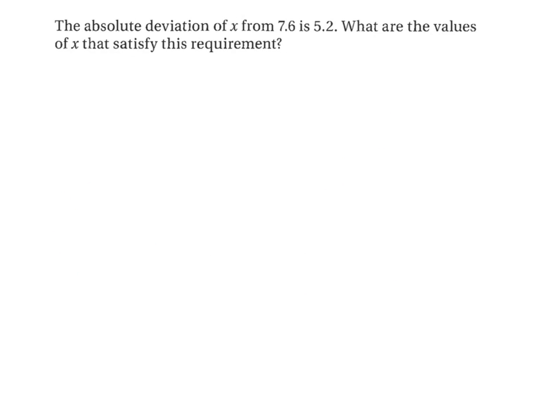All right, let's wrap this up by doing one last example, a more abstract one. This isn't a real-world situation, but it's telling us that the absolute deviation of x from 7.6 is 5.2. So it's telling us that this is the deviation, and we're trying to find the possibilities for x.